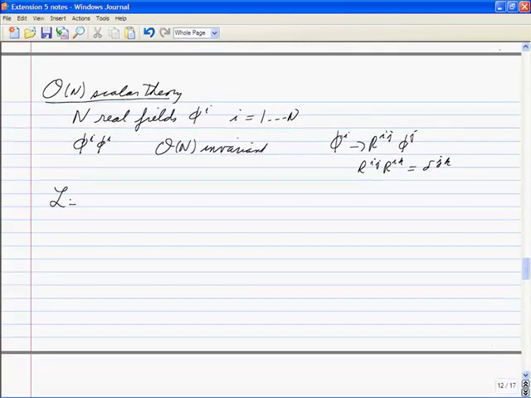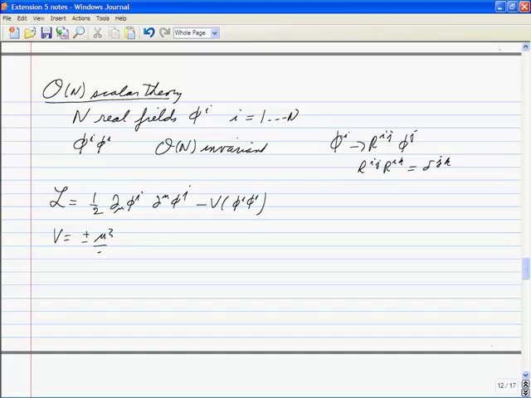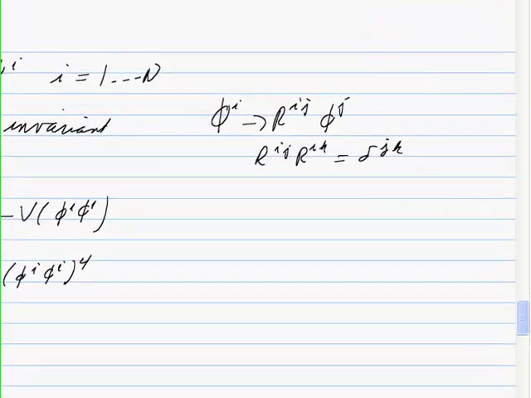And the Lagrangian that you'd write out for such a field would be 1/2 (d_mu phi_i)^2 minus some V, which is a function of phi_i itself. So V would be typically plus or minus mu squared over 2 phi_i squared minus lambda over 4 phi_i to the fourth. So that's how you typically write out an O(N) theory.